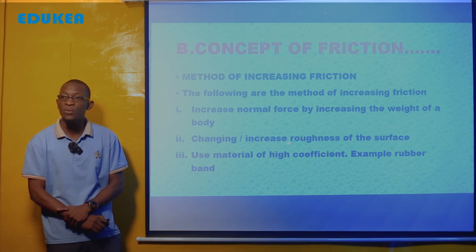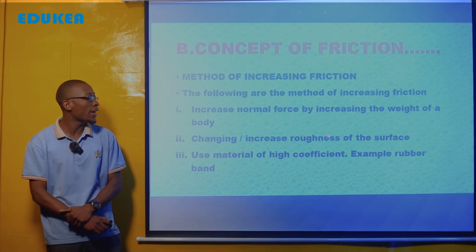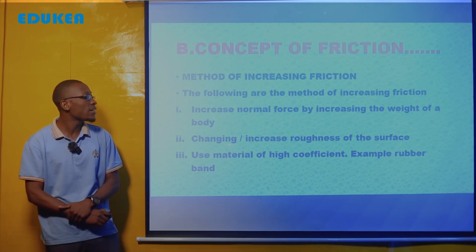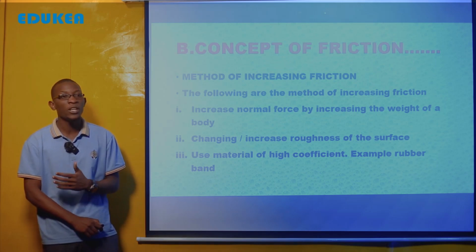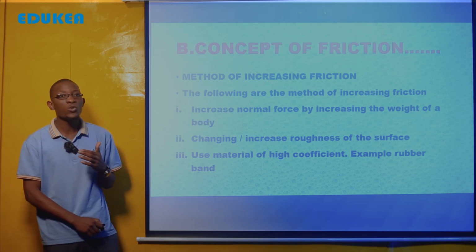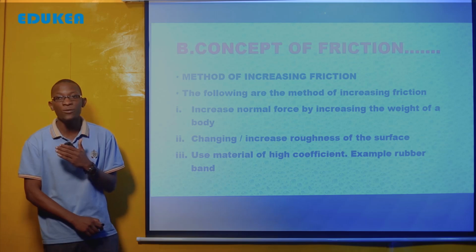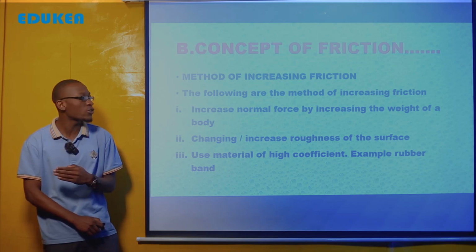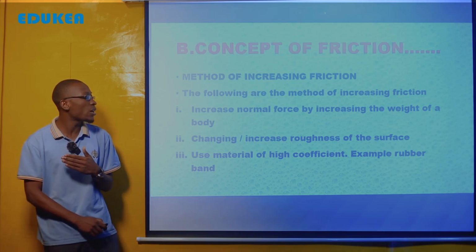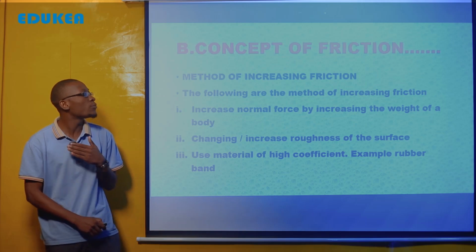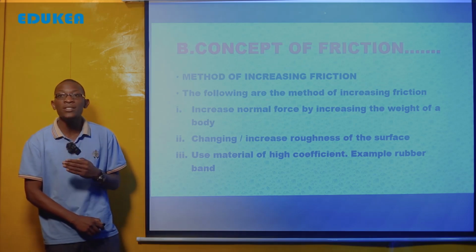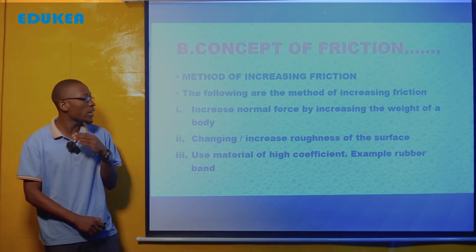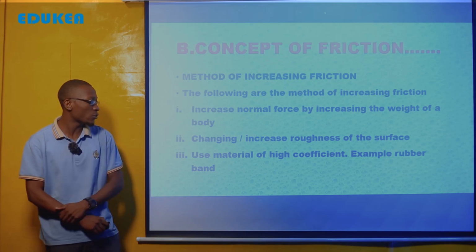So surface ikiwa rough, maana yake tuna increase the friction. As in the previous lesson, the roughness of the surface increases the friction. Looking at how friction is formed due to mechanical bonds, once the surface is rough, it means that we tend to increase the friction. And once the surface is soft, we tend to decrease the friction.